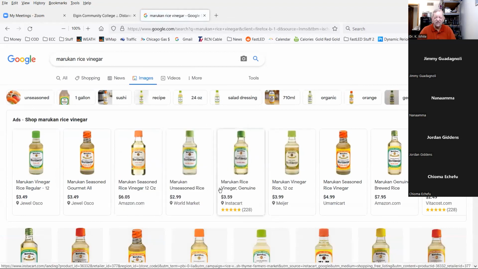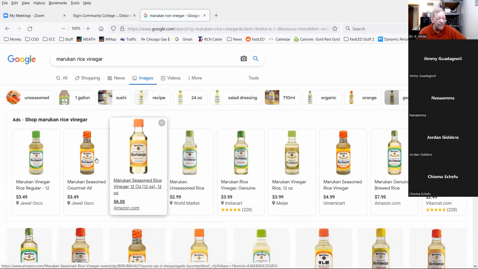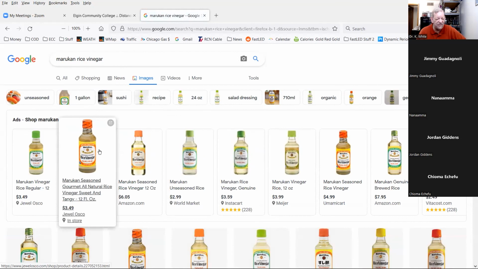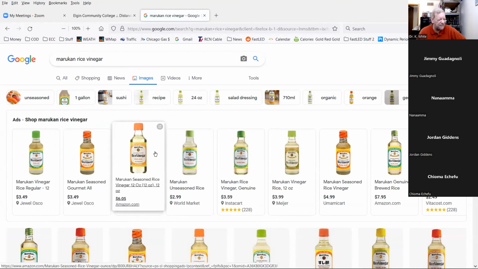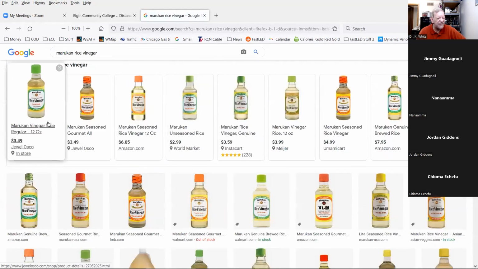All right, how many see on your screen Marukan rice vinegar? And the regular label here, this stuff is good. It's good. It's not cheap, but it's good. Wow, they even have it in Jewel Osco.